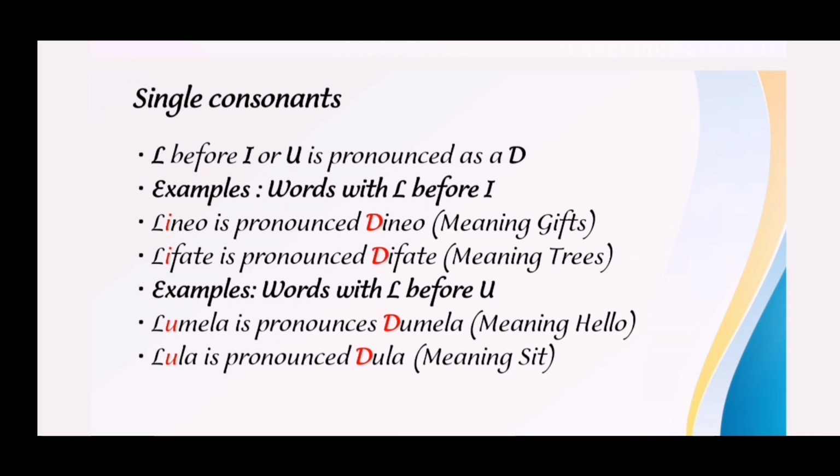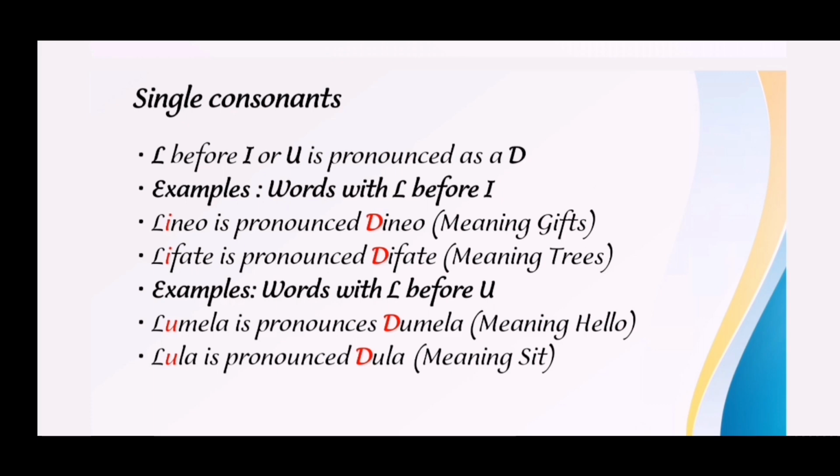Another example is the word lula. When you look at it, you might say lula, but it is actually pronounced dula because the letter L is followed by U, and we know that whenever the letter L is followed either by an I or a U, it changes to a D. So the word is going to be dula, which means sit.